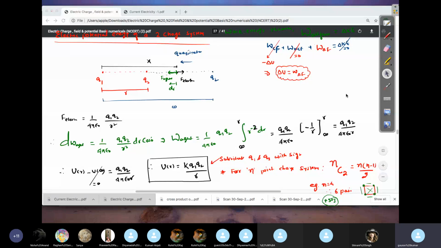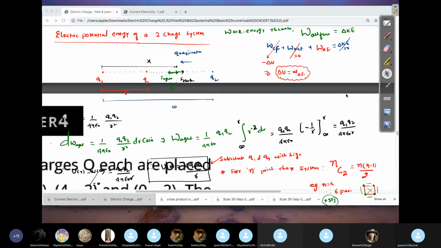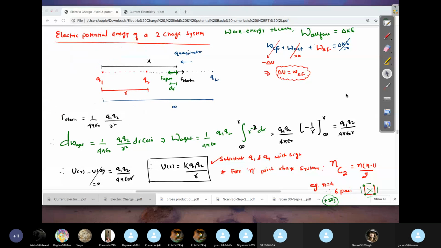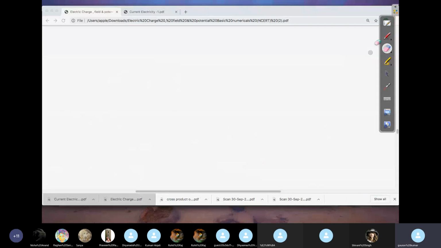Okay. Now let's see the concept of potential. Now, electric potential.